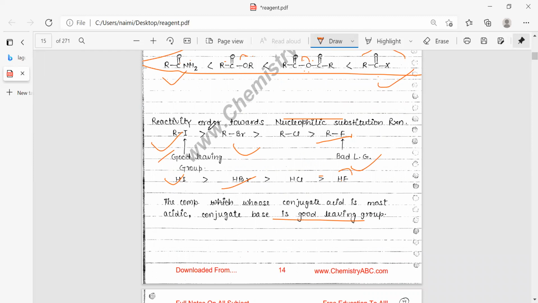Sorry for that. It is a good leaving group, so whose reactivity will be more? This one's will be more. Then this one, then this one, then this one. Acidic strength is directly proportional to 1 upon acidic strength.